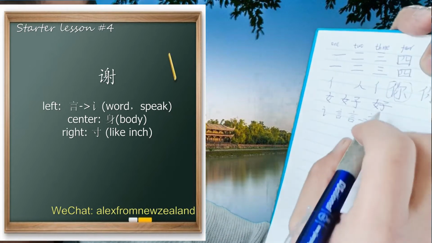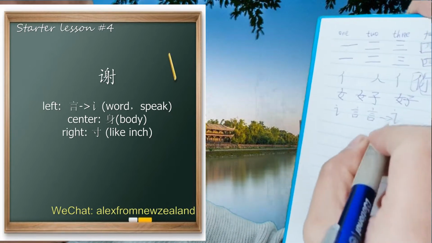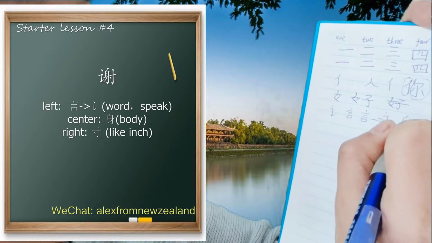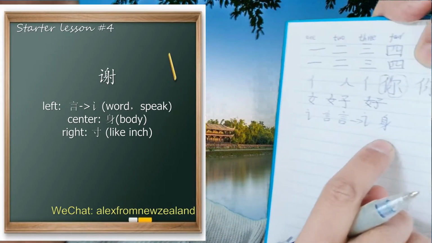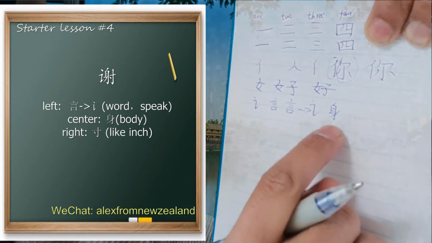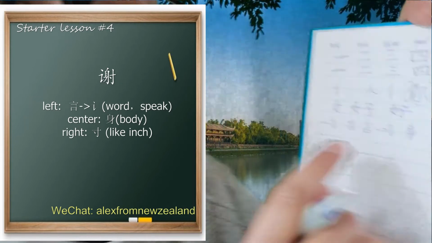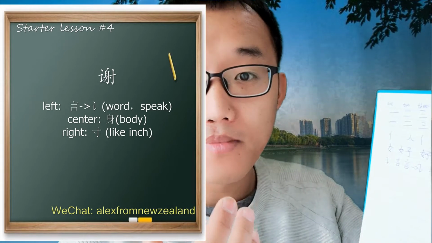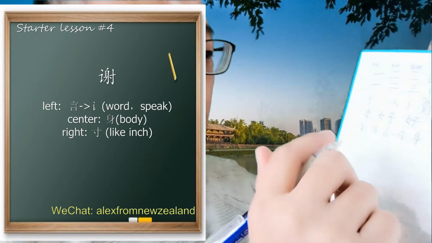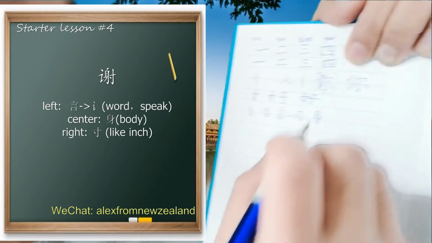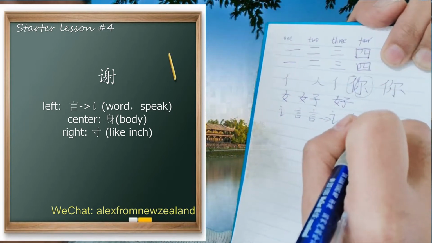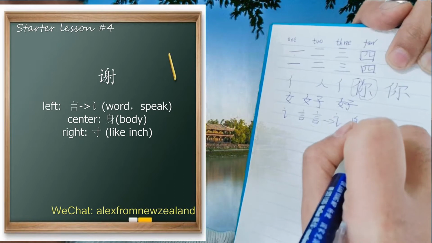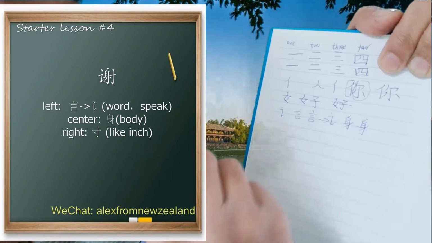Okay, so in the middle, the center component, this one is 身, right? 身 means body. Okay, let me show you again. Slowly. 1, 2, 3, 4, 5, 6, 7.